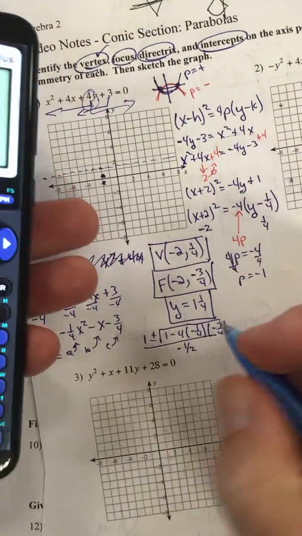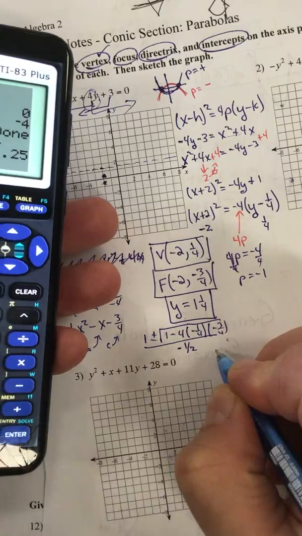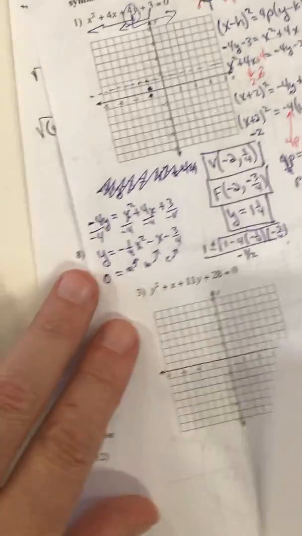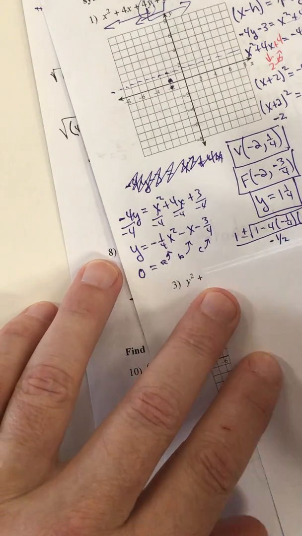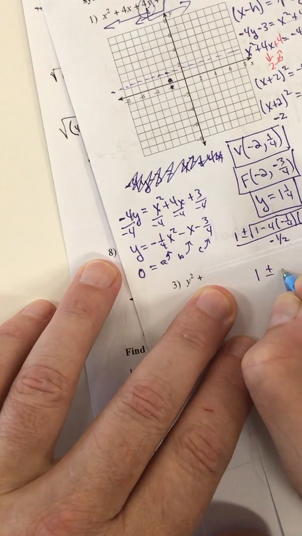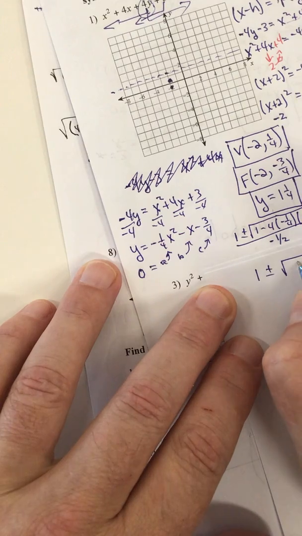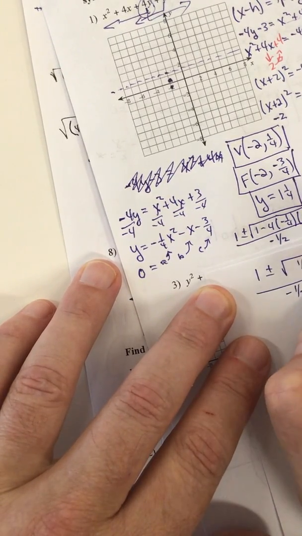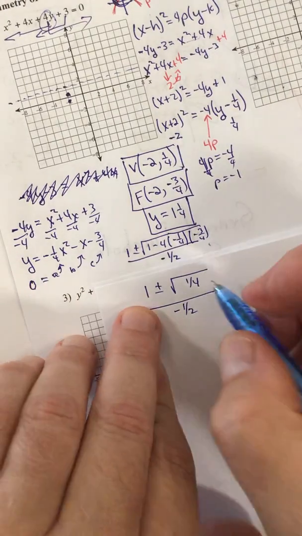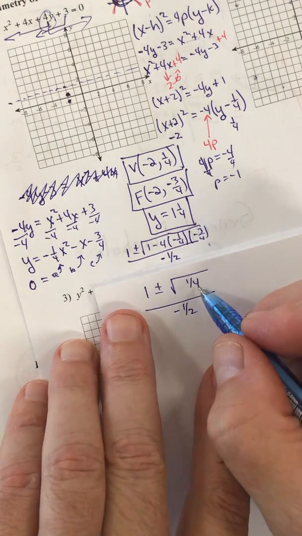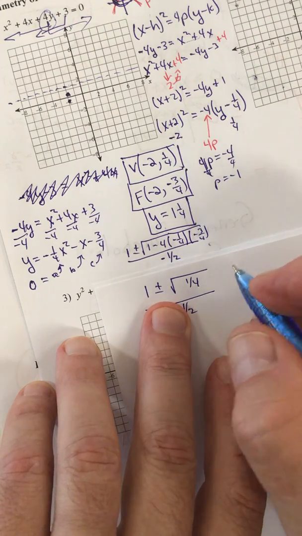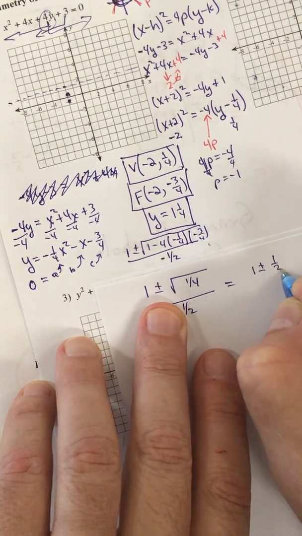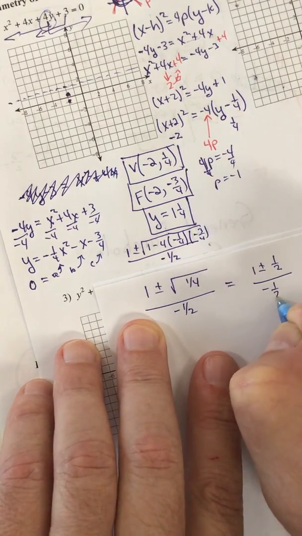So that turns into 1, let me get a piece of scratch paper here so I can keep going. So it's going to be 1 plus or minus the square root of 1/4 over negative 1/2. Okay, I left that as a fraction because the square root of 1/4 is 1/2. So this turns into 1 plus or minus 1/2 divided by negative 1/2.